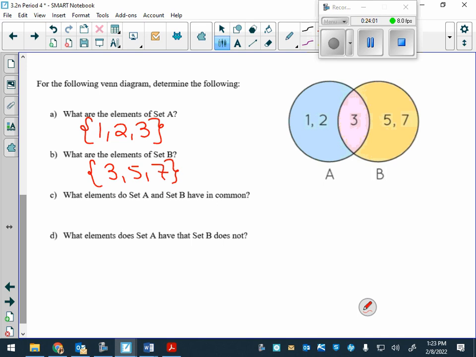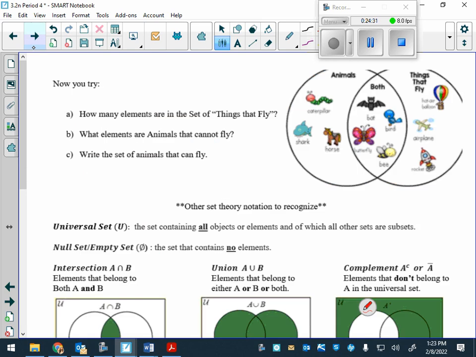What elements do A and B have in common? Go ahead, Seth. 3. What elements does set A have that set B does not? Go ahead, Liam. 1 and 2. And again, if you notice, I'm writing these all in set notation with the squiggly brackets and listing. Turn to the next example, which you're going to try.